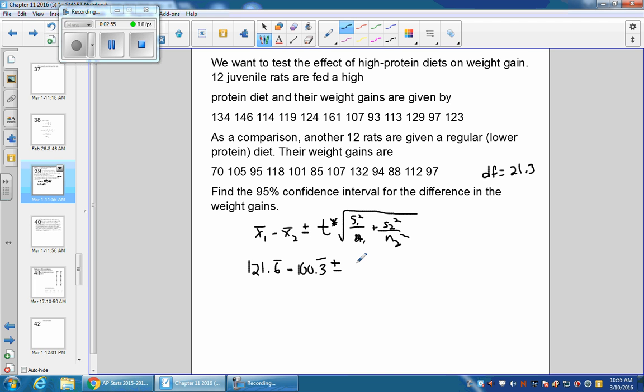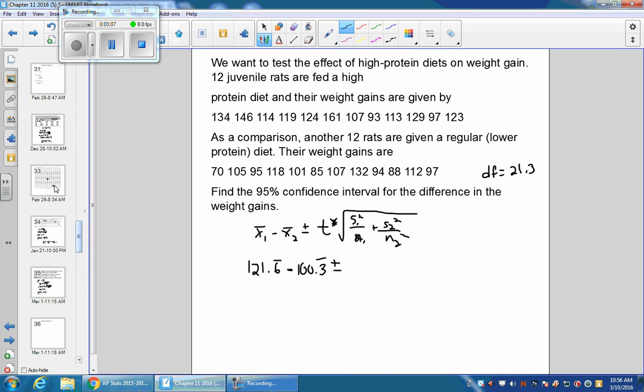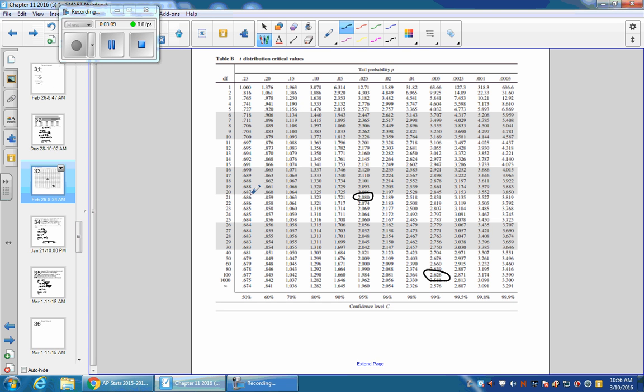So for our t star, we could use 21 for our degrees of freedom. So if I use 21 for my degrees of freedom, I can look back at my chart here. 21, 95% confidence interval, that's 2.080.